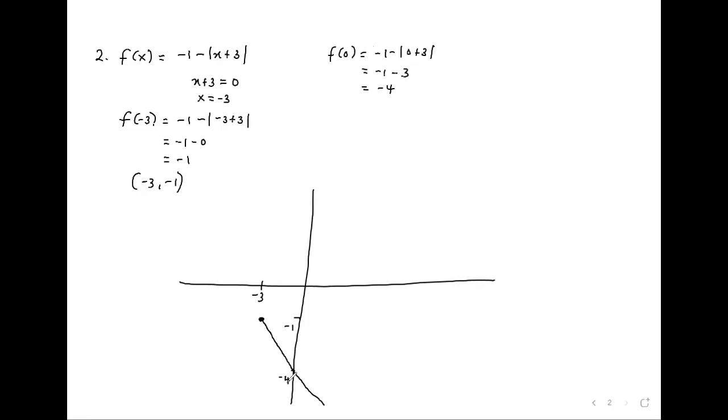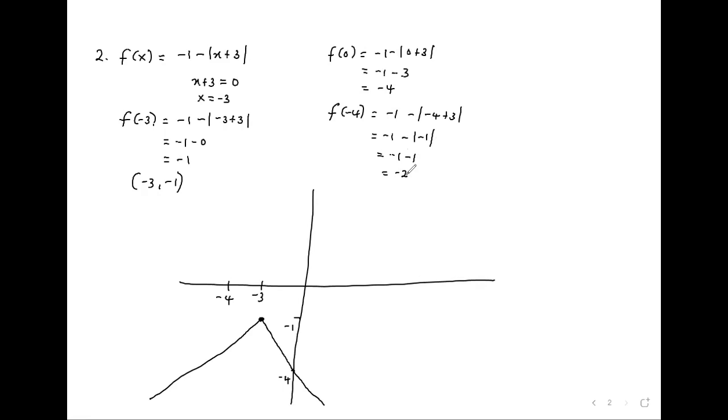If it comes down, it also goes down on this side. If we didn't know, you could try -4. You would get -1 minus the root of -4 plus 3, giving us -1 minus the root of -1 inside, which is -1 minus 1, which is -2, which is less than -1. So the function goes down. So that is the graph of it.